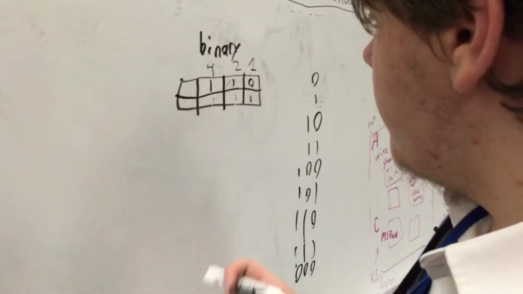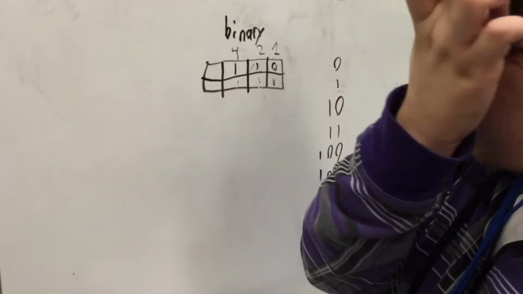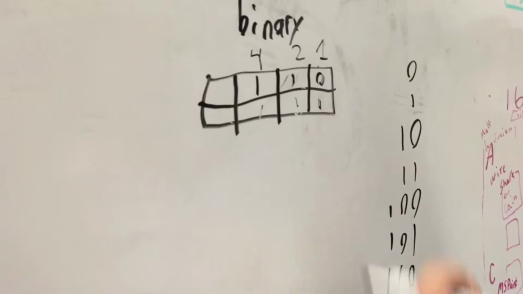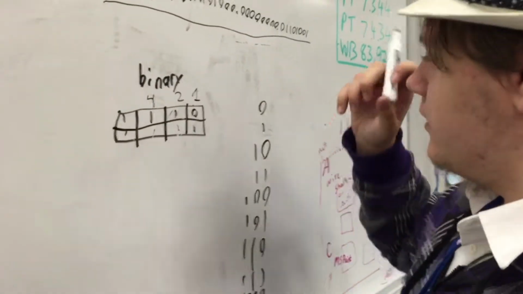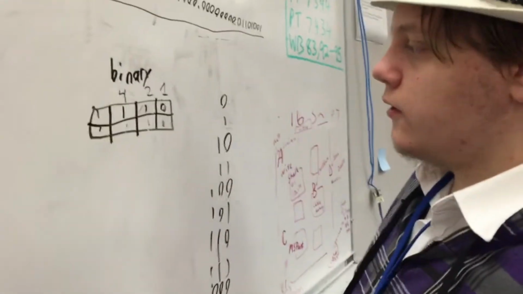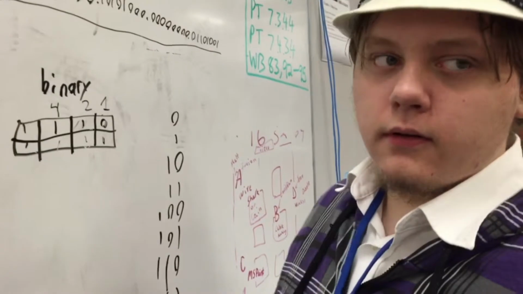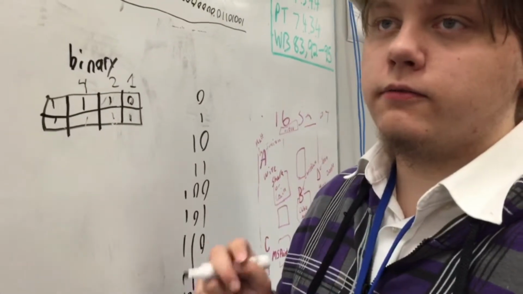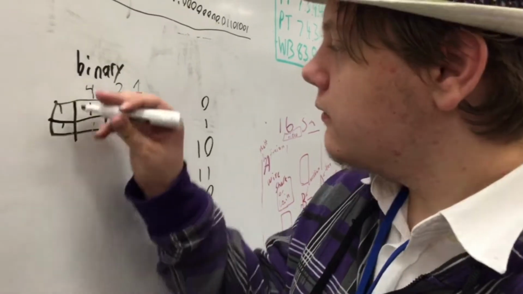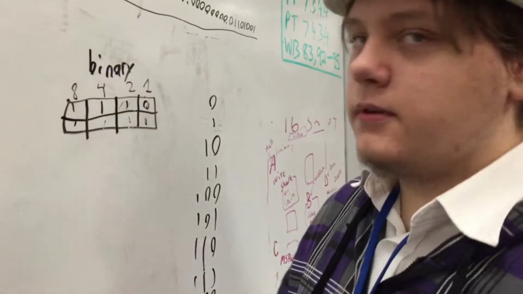Let's do the next column. Starting from there, that'd be 1000 through 1111. This chart is useless. Anyway, if we add that up, that would be 8, 9, 10, 11, 12, 13, 14, 15. 8 is the minimum requirement.